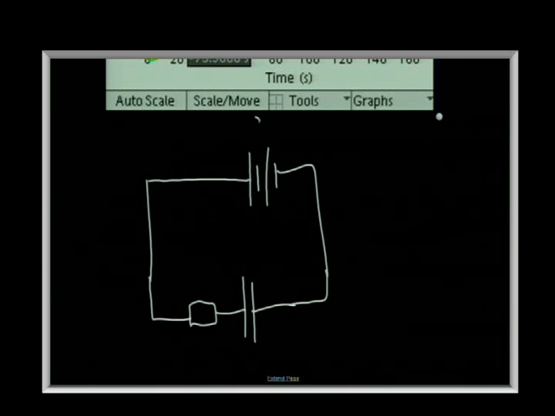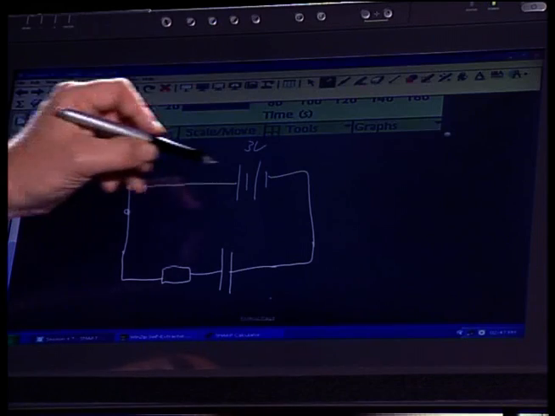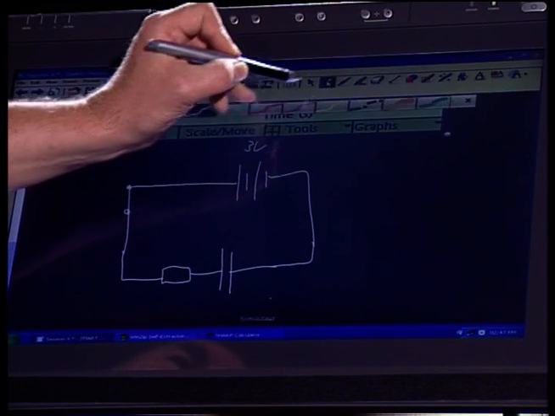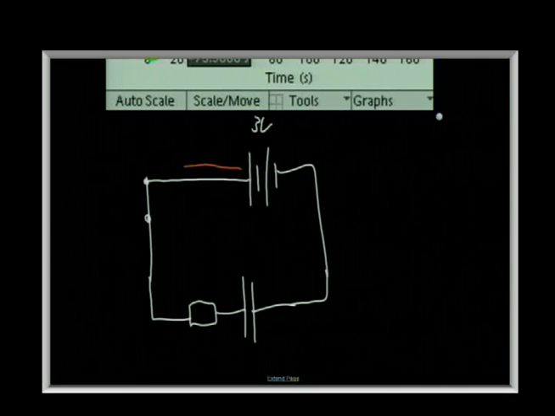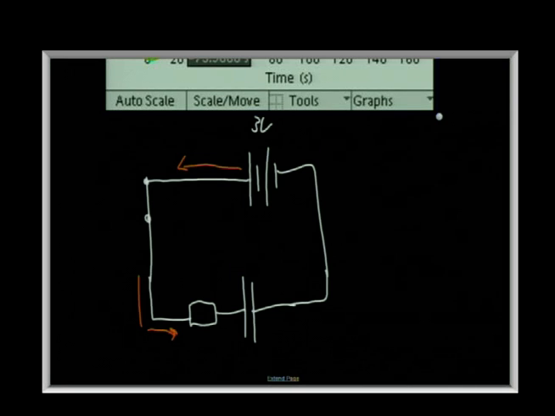If this was a 3-volt battery to start with, we've closed the switch, there's the switch, it's closed. Now, have a look at what happens. This is really interesting because this battery tries to move the charge around the circuit. We know that conventional current is the movement of positive charge from the positive terminal to the negative terminal. So it's going to move in this way, positive charge, which means that this terminal becomes positively charged.